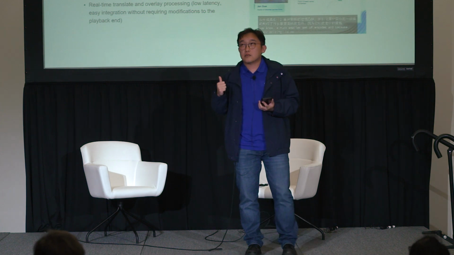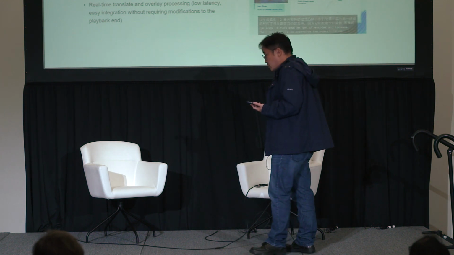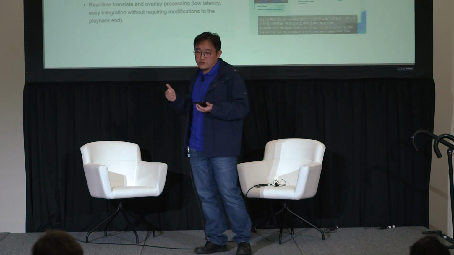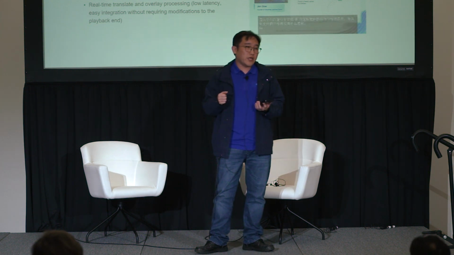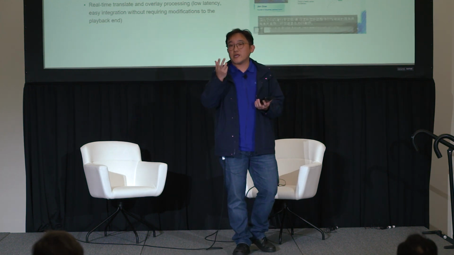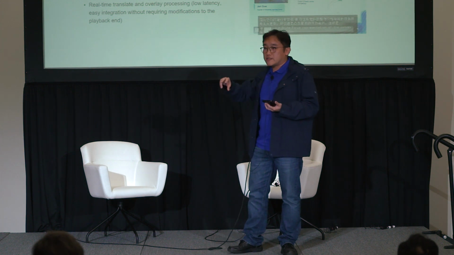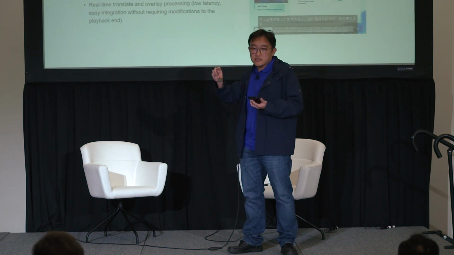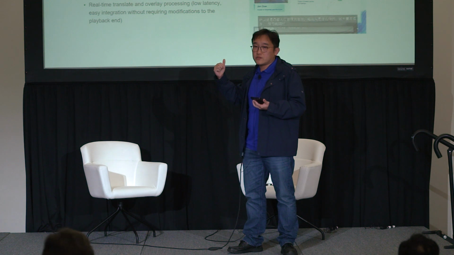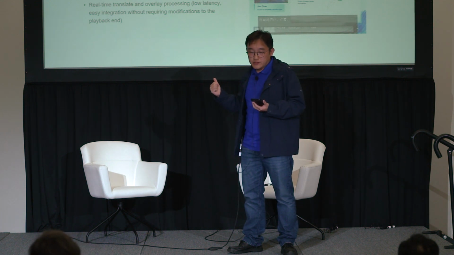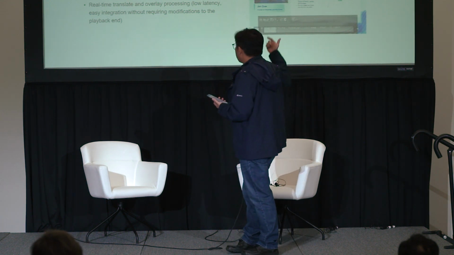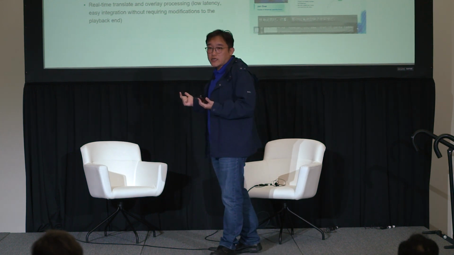This is a demo of our auto subtitle generation. We first recognize the speech, the voice, and turn it into text. It's in English, and we translate it into Chinese. We provide two translation modes.